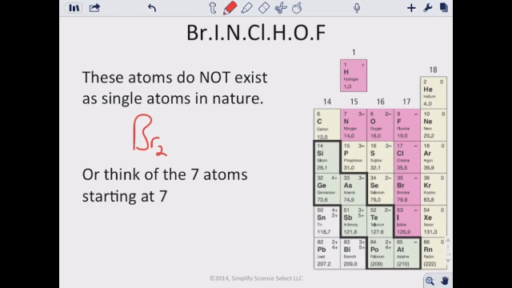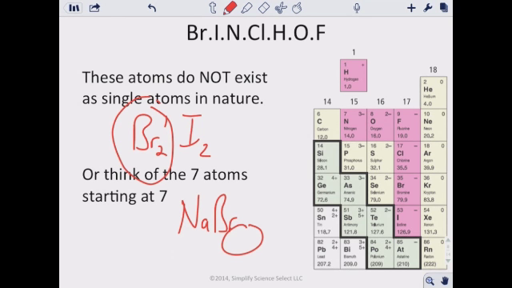So when bromine is by itself, it exists as Br2. When iodine exists by itself, it's I2. And this is a key thing here, because say we have something like sodium bromide, it's not by itself, so we do not put the 2 there. But if we just have bromine sitting around, then we have to have Br2, and they're diatomics.